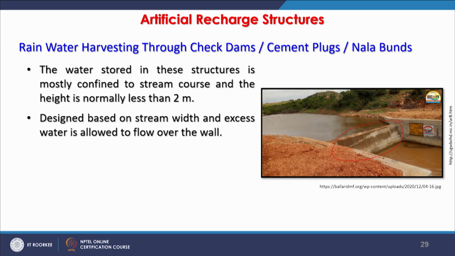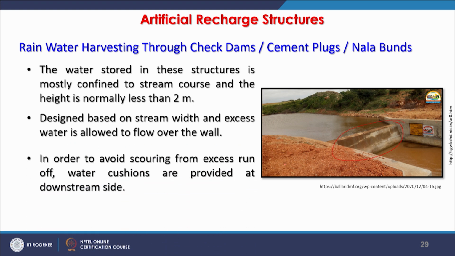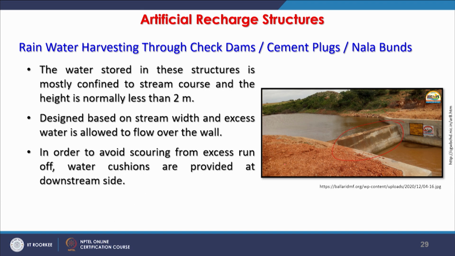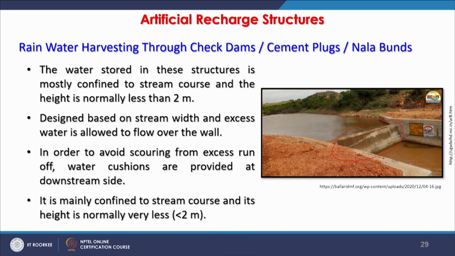The design is based on stream width and axis, and water is allowed to flow over the wall, as I mentioned, the front wall or check wall. In order to avoid scouring from excess runoff, cushions can be provided on the downstream side. Those kinds of precautions can all be taken, but as suggested earlier, if slopes are less, then such problems will not be there.